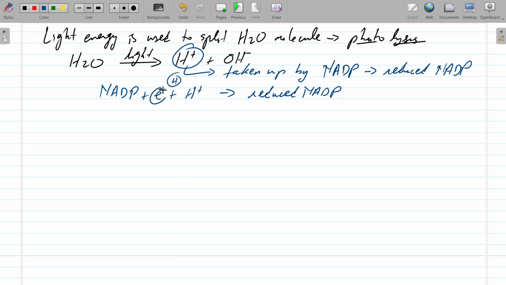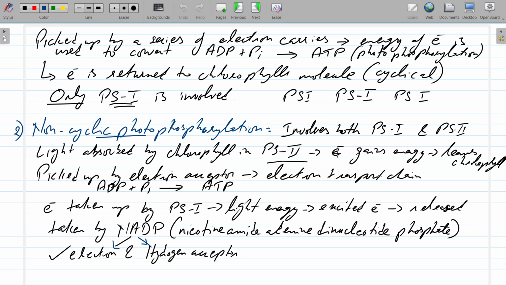Now this electron is coming from photosystem 1, and this one is coming from photolysis. Now, what about the OH? All these OH ions that are created are processed. They lose an electron, and this electron goes to photosystem 2. So when we started off, photosystem 2 lost an electron.